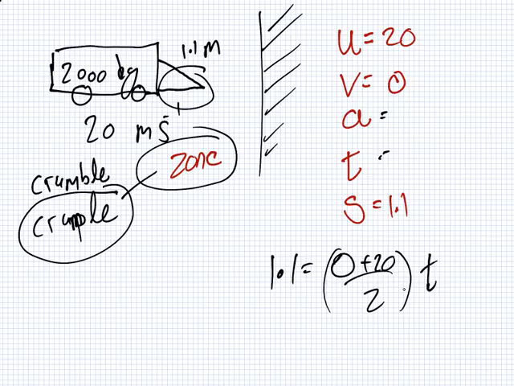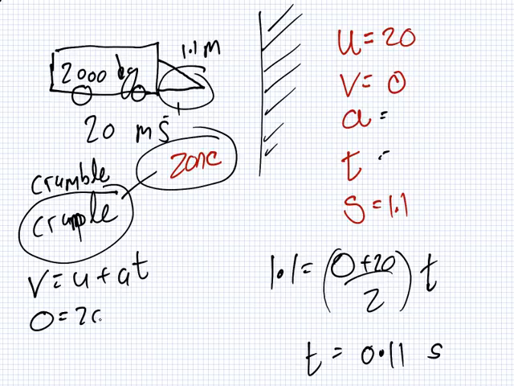And what did you get for t? 0.11 seconds. Oh wait, but I don't need the t. Sorry, I needed the a. Doesn't matter. I can just do v equals u plus at. We can simply do a equals v upon t, because the v is 0. 0 equals 20 plus 0.11 a. So a equals 181.81.